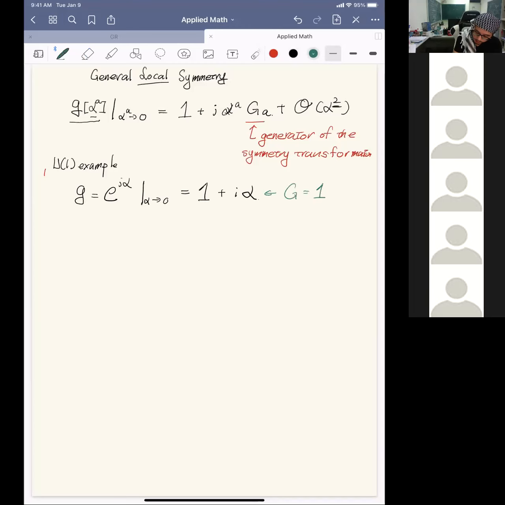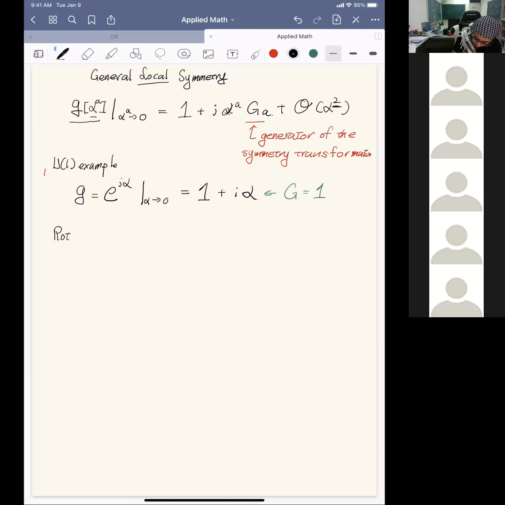Of course, in general, you can have G to be different. So let's use something that is more familiar to you. For example, I can consider an SO(3) rotation transformation, which is something you are familiar with.